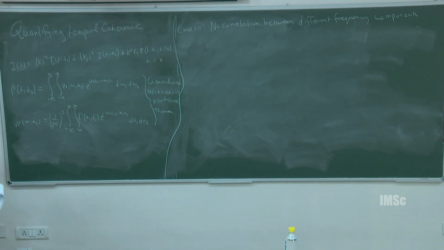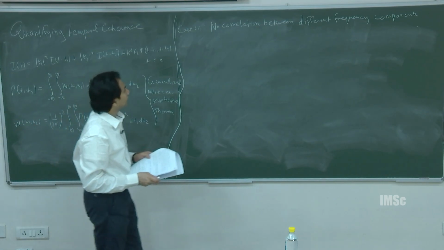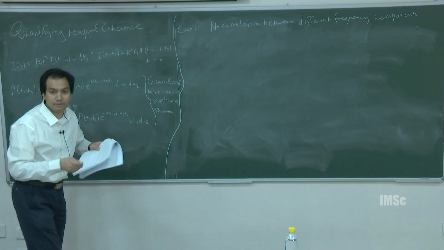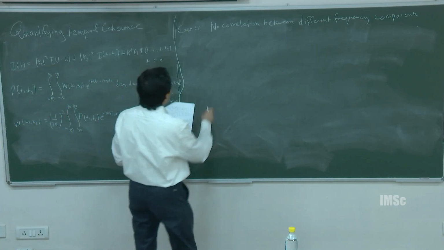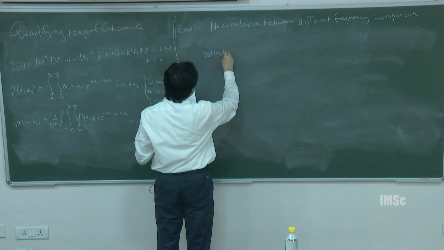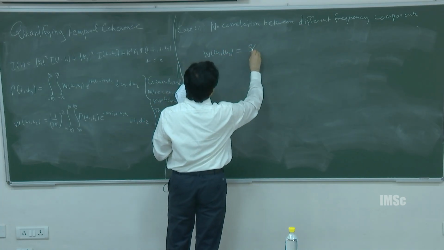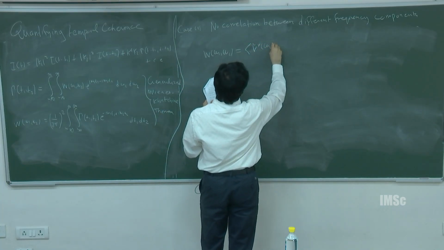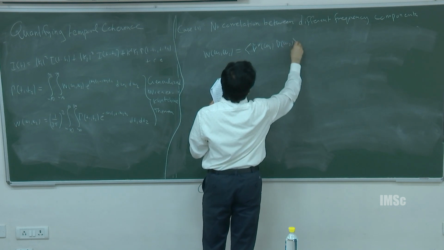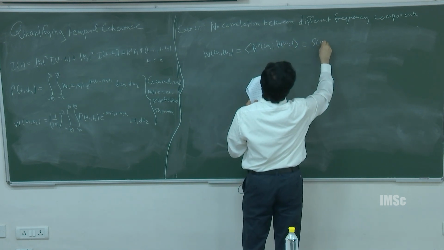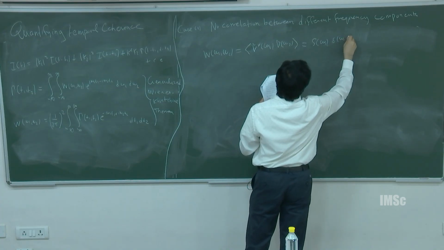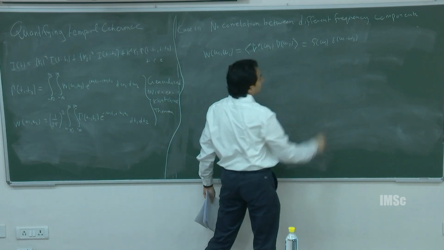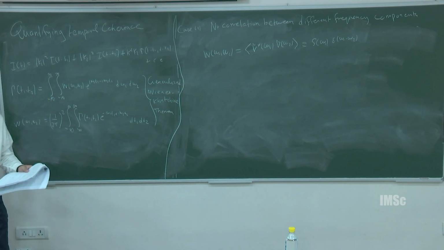Which means each spectral component of the field is independent of the other. There is no correlation between different spectral components. In that case, the cross spectral density is written, this is the formal definition of cross spectral density. It takes this form. The presence of this delta function tells us that there is no correlation between omega 1 and omega 2, right?